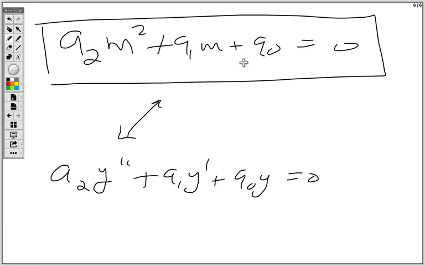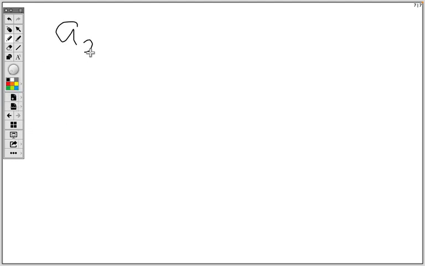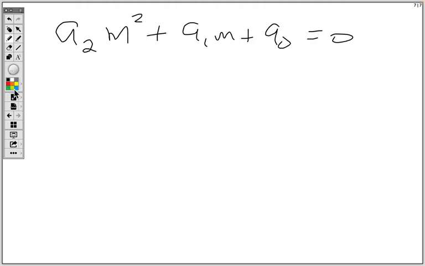So let's do a quick review on quadratic equations and how they work, and that'll set the stage for the sorts of things we'll get into here in the next day or so. So if you're trying to solve quadratic equations, one thing that helps you figure out what's going on is the discriminant.